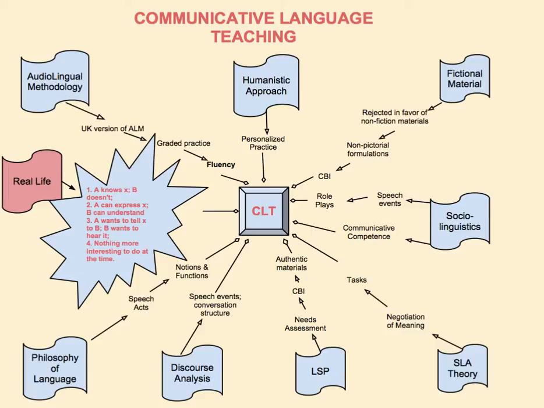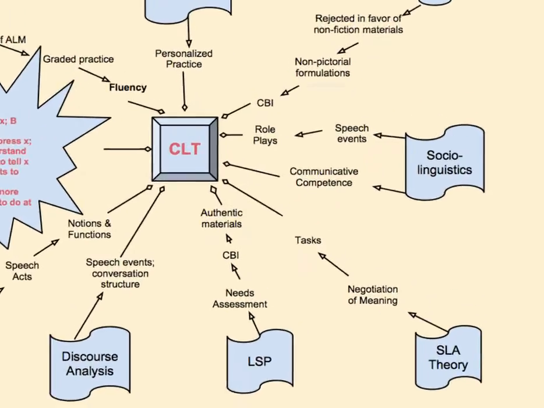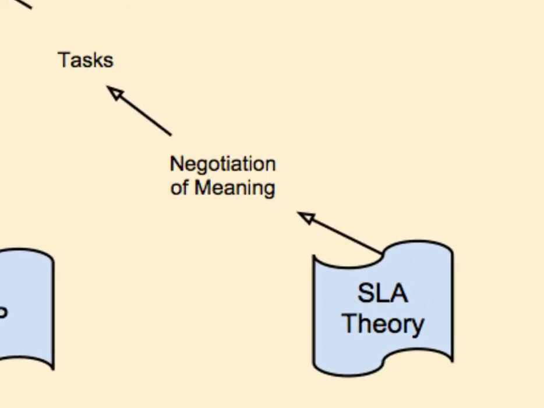Also emerging and strengthening at this time was the field of second language acquisition, which had moved way beyond the old behaviorist ideas of language as a set of habits that could be developed by a lot of repetition.